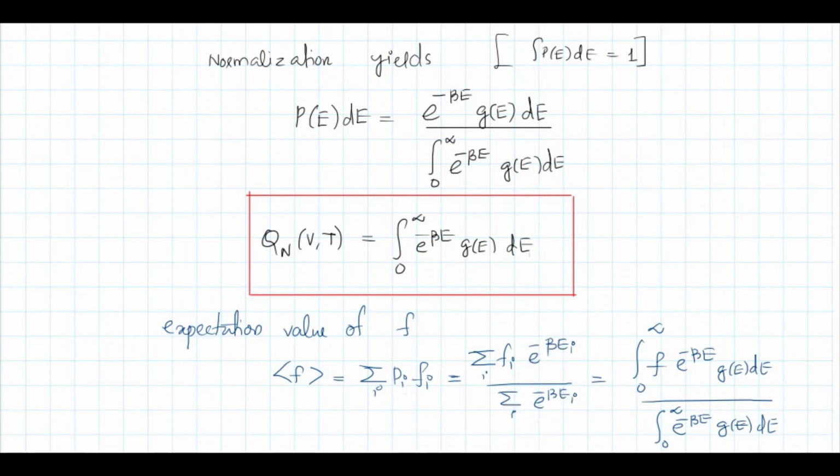Now, for the continuous energy level, this summation gets replaced with an integral and the density of states. So it is integral 0 to infinity f e raised to minus beta E G of E dE divided by integral 0 to infinity e raised to minus beta E G of E dE. That will give you the expectation value of f, or the mean value of f.